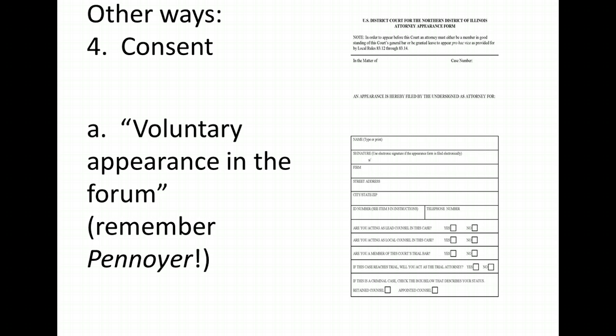Now, the Northern District of Illinois is, of course, a federal court, and so you could file this appearance and still not consent to jurisdiction. You would also file a motion to dismiss for lack of personal jurisdiction, and that would preserve your right to make that defense.